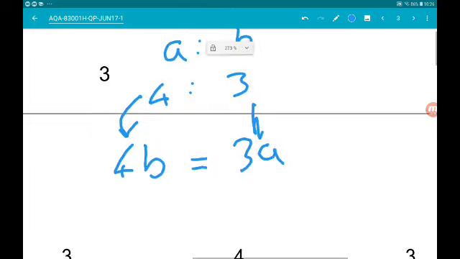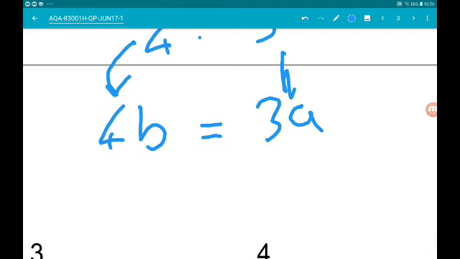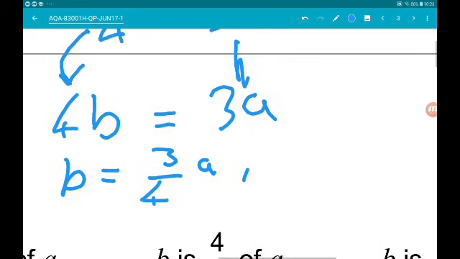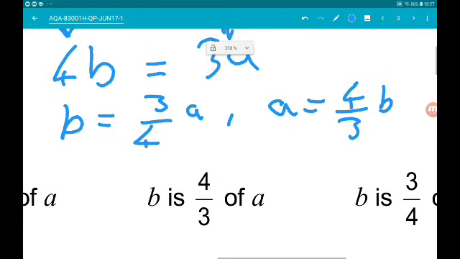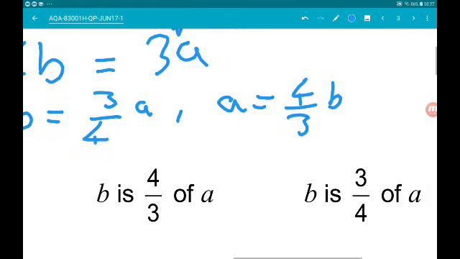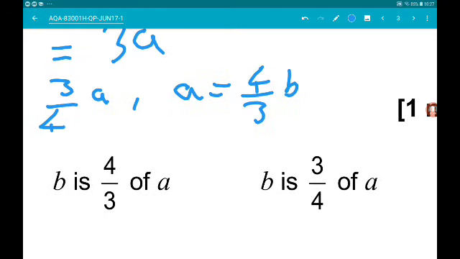So now we could either divide through by 4 and get b equals 3/4 a, or we could divide through by 3 and get a is 4/3 of b. So the one that we want is b is 3/4 of a.